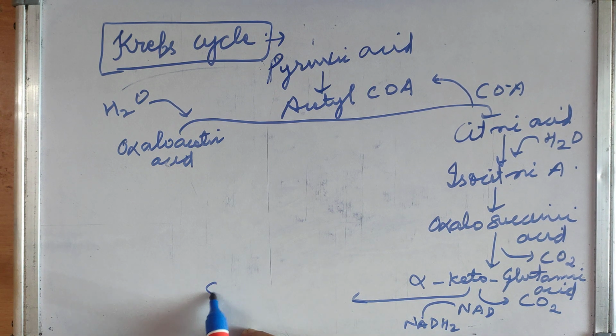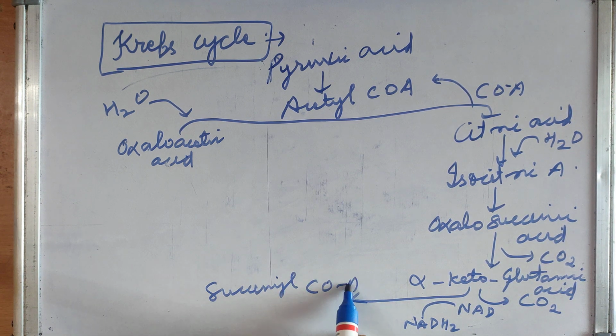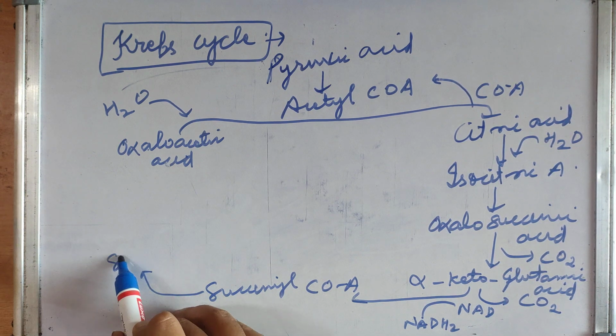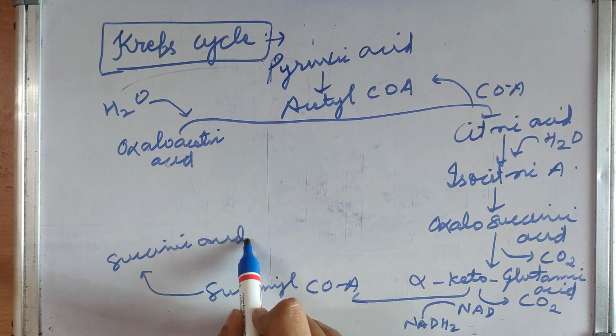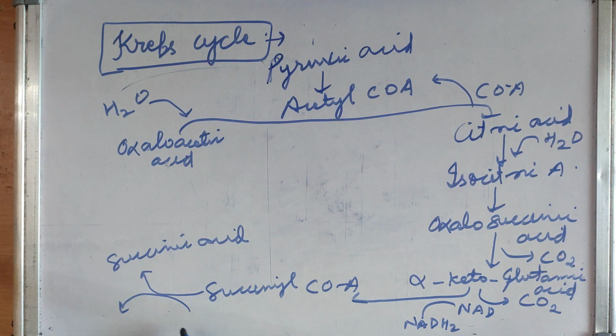Then succinyl coenzyme A is converted into succinic acid. Here GDP converts into GTP.